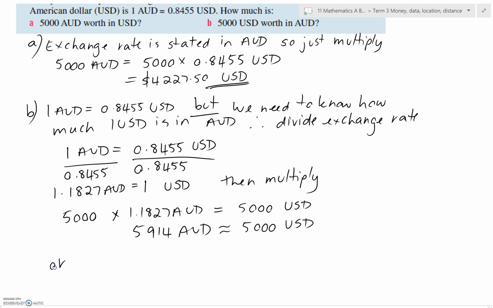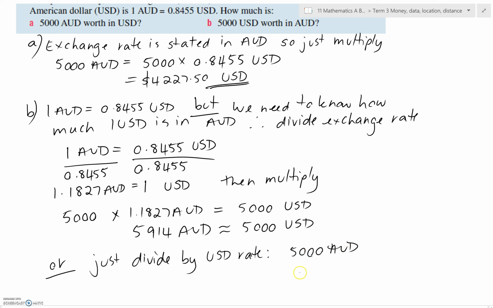Another way you could do this is just divide by the US dollar rate. But if you're going to do that, you really do need to understand why you are doing it.